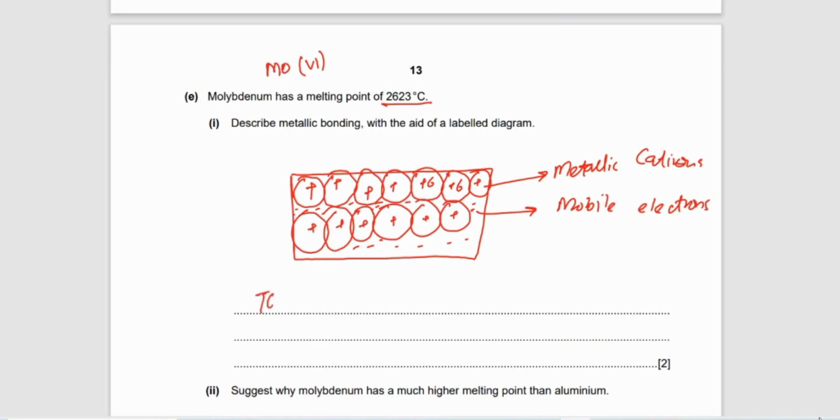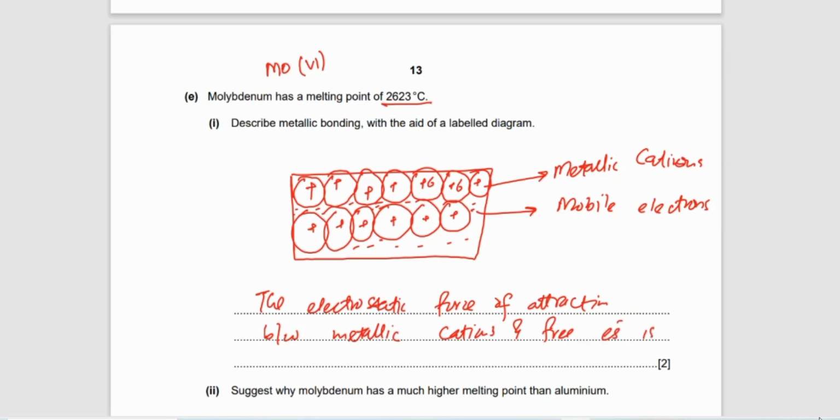The electrostatic force of attraction between metallic cations and free electrons is called a metallic bond.